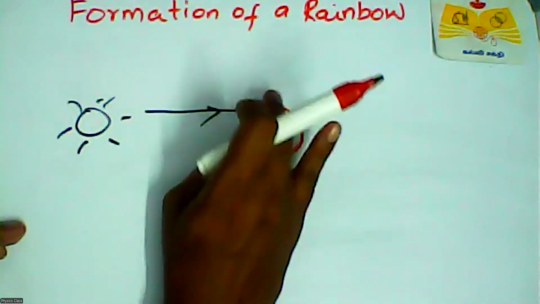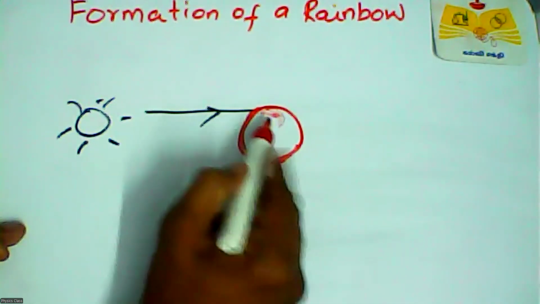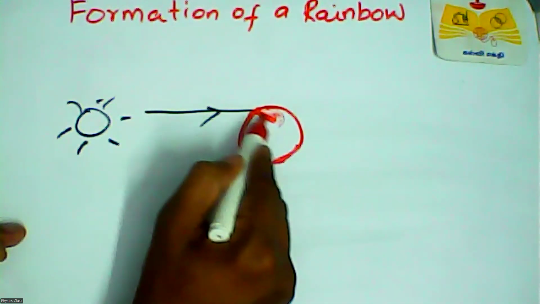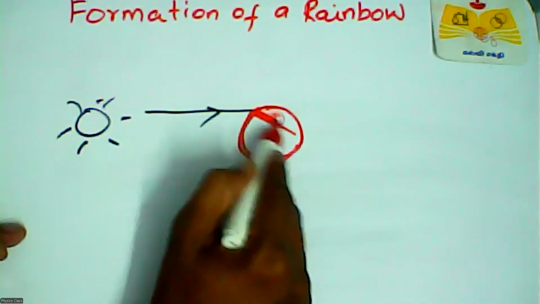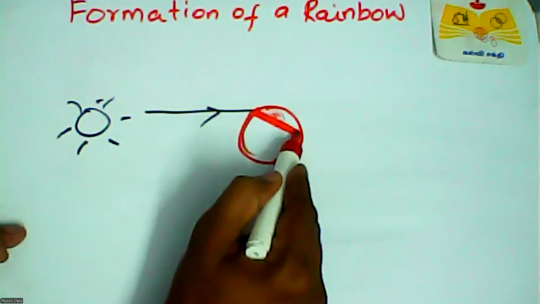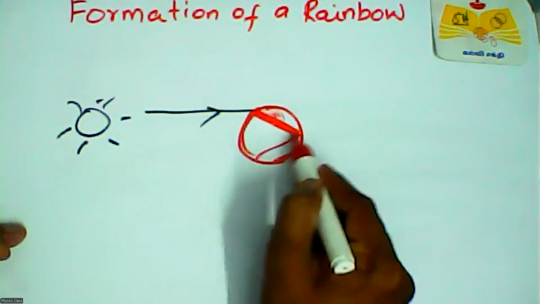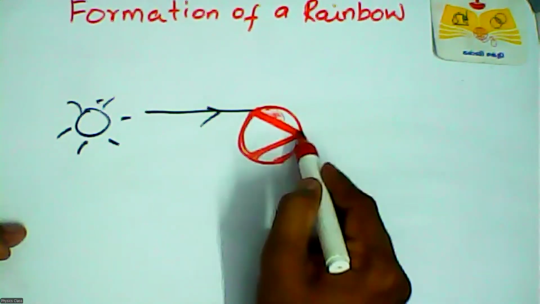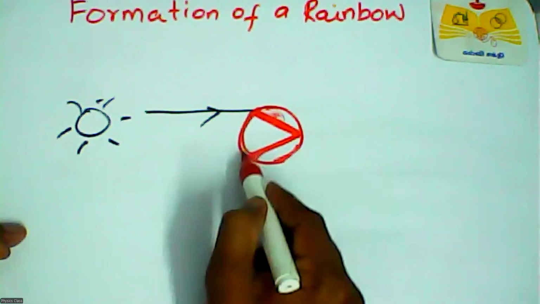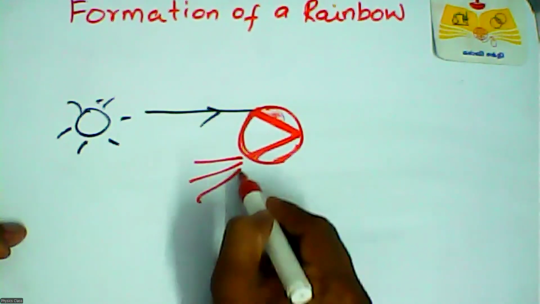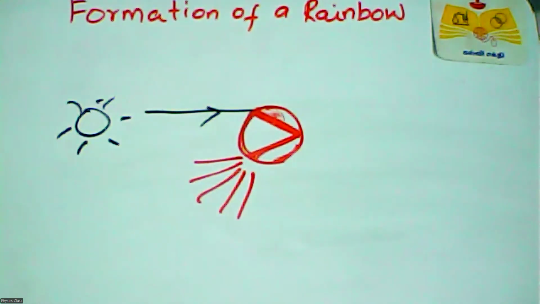I will write it like this. So this will go here, and here it is reflected and refracted, and here refracted again.